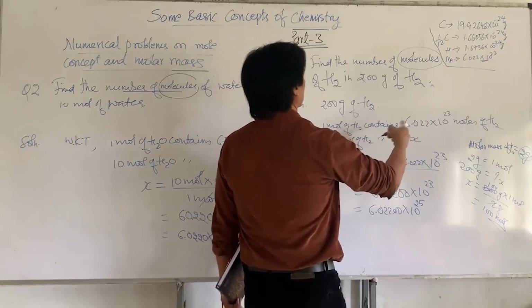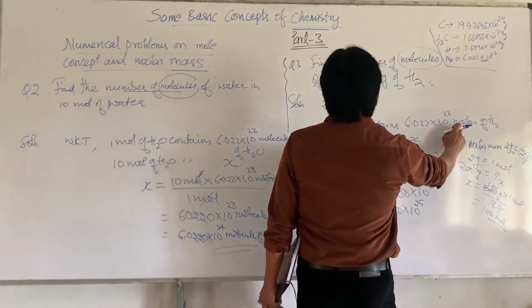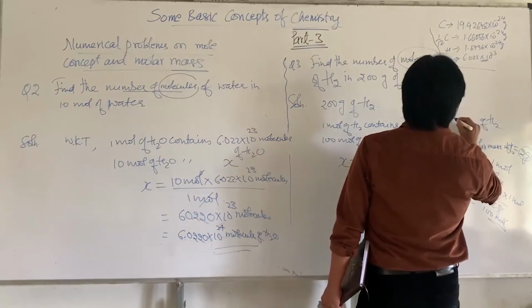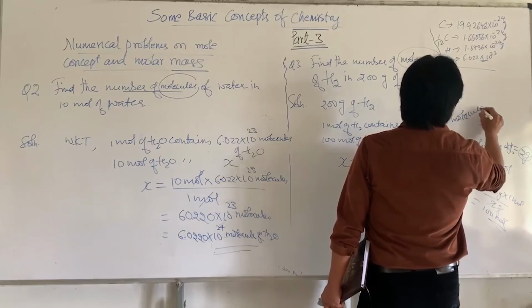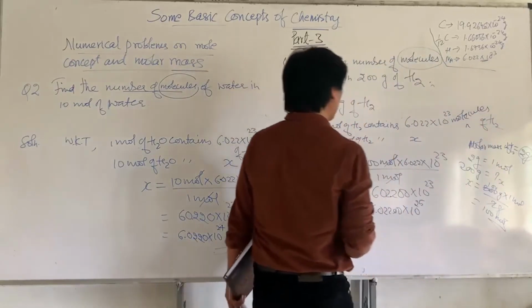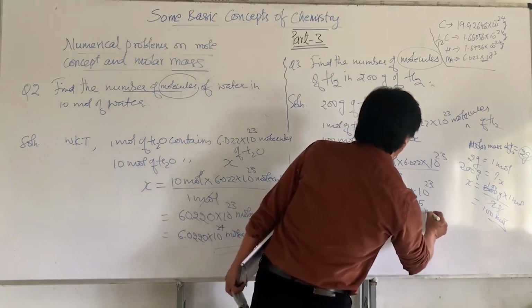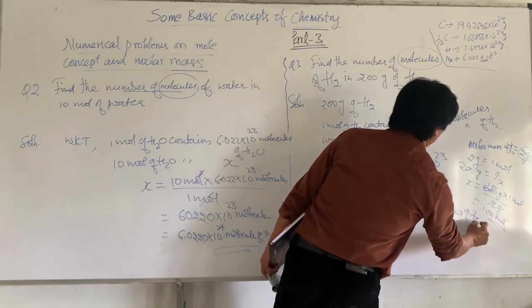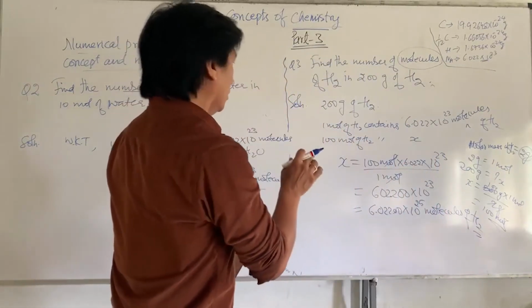Yeah, this is not moles, this is molecules. Molecules of dihydrogen, I'm sorry. So this is 6.022 times 10 to the power 25 molecules of dihydrogen. That's it. So I hope you understood this.